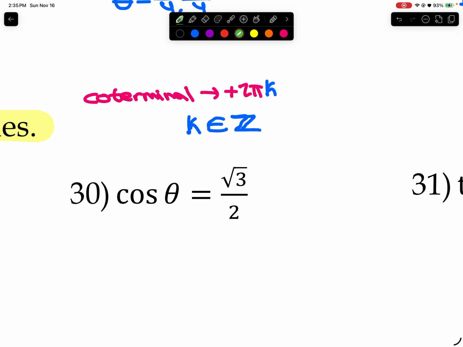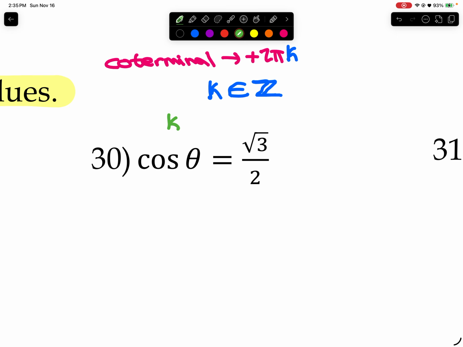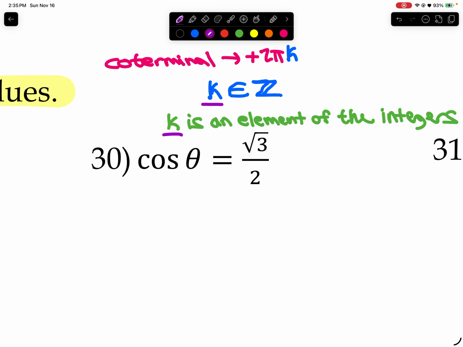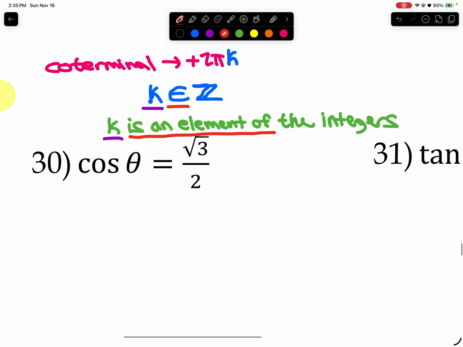This is a very fancy, complicated way of saying k is an element of the integers. The symbol for is an element of is the Greek letter epsilon, and then it's the integers, which is a number group. So that's what this is saying.